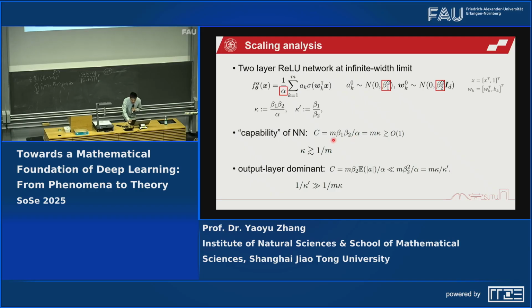If I'm allowed to just sum them up, the question is what is the maximum magnitude it can express? Therefore I just put this m. But if we really think they are stochastic, we should put square root m, right? But we are thinking about whether, if I allow them to express at their maximum capacity, what amplitude can they express? And I just put this m, because they can align to contribute this m factor.